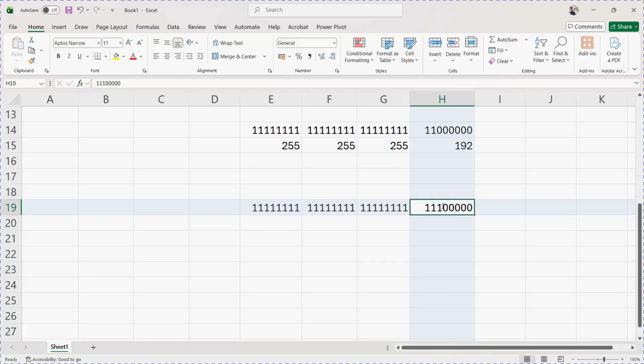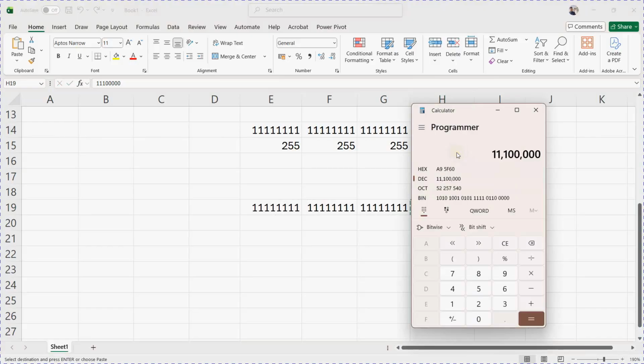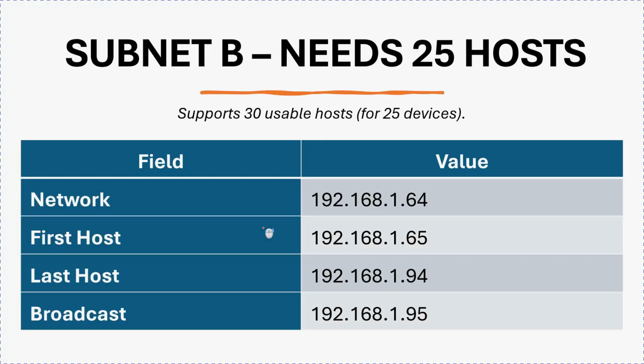So that's 224. 256 minus 224 is 32. So you can connect up to 32 devices here, but we need only 25 hosts, so it's enough.